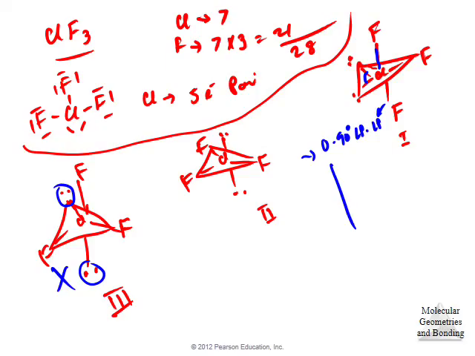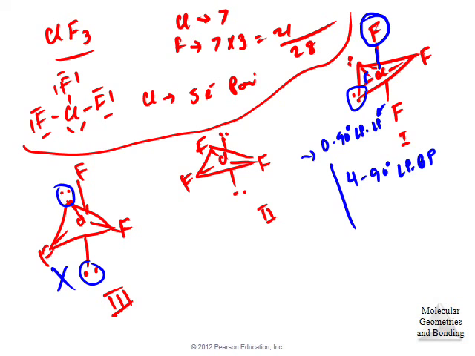So there'll be 2 such interactions for the top fluorine, and for the bottom fluorine also 2 such interactions. So altogether there'll be 4, 4 90-degree lone pair bond pair interactions. Let me identify: this is the lone pair, and that's the bond pair. And that can happen on the top as well as for the bottom fluorine, so that makes altogether 4.